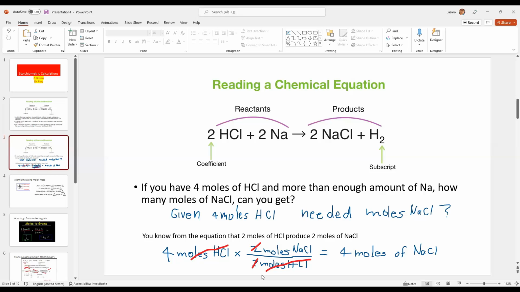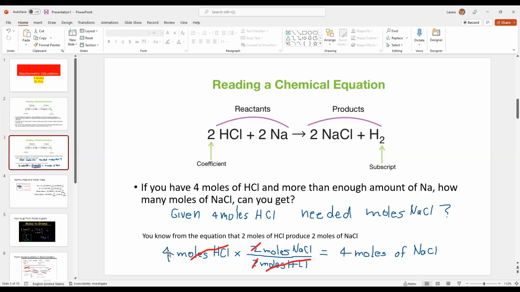So that I can cancel moles of hydrochloric acid with moles of hydrochloric acid, and the answer is the one that I'm looking for, moles of sodium chloride. This is what I showed you in the first lecture, the dimensional analysis, that is the one that you must follow in the stoichiometric calculation.